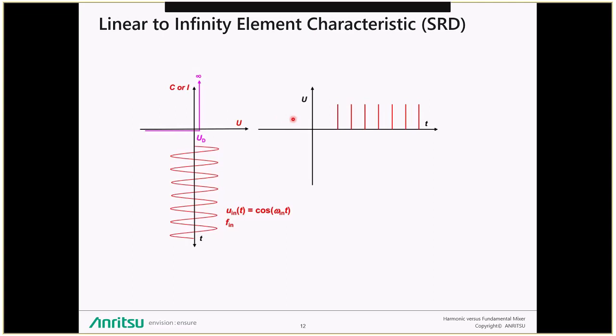And this transfer function will give us at the output of the device a signal that is much similar to a comb in time. This pulse train at the output of the step recovery diode is, in the frequency domain, a signal very rich in harmonics also.